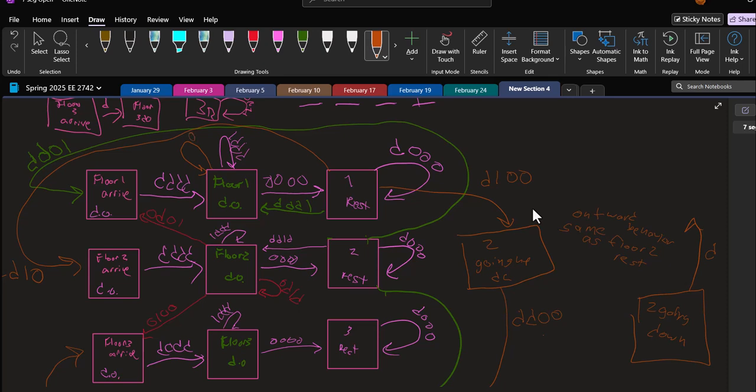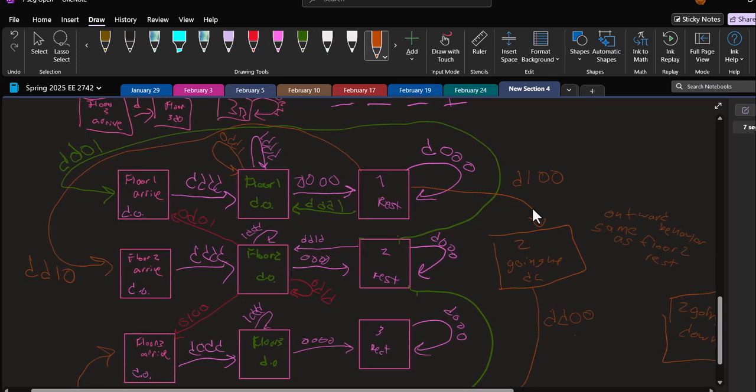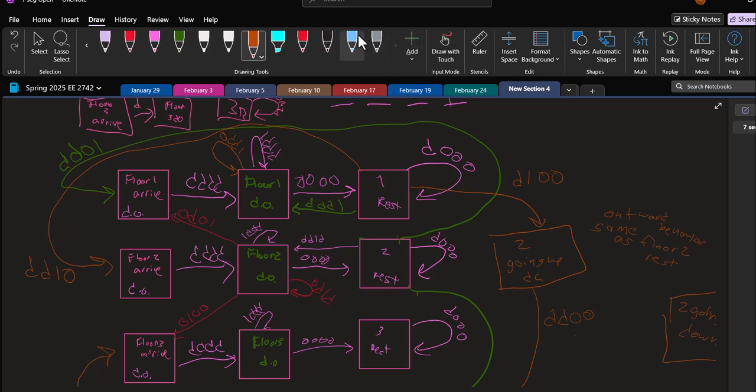And then we would have 0, don't care, 1, 0 comes to floor 2 arrive. So we have 0, because if the hold is on, it stays on floor 1.